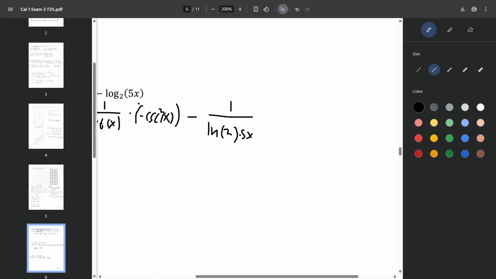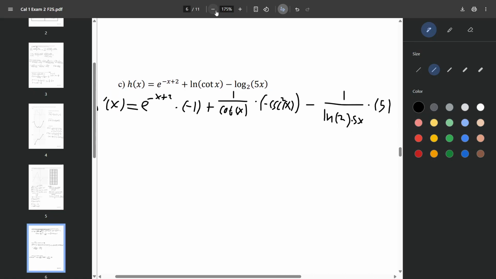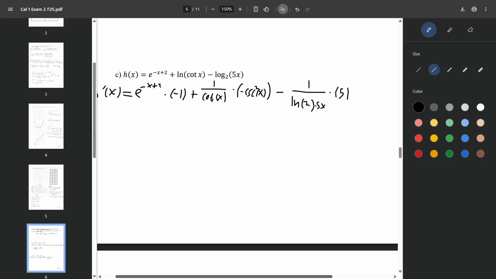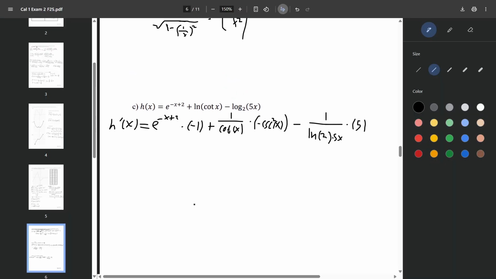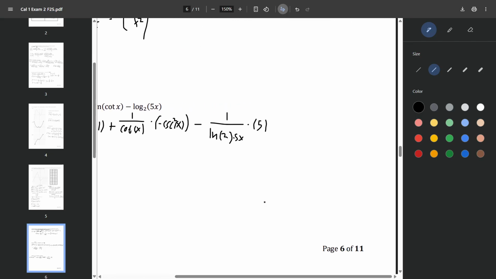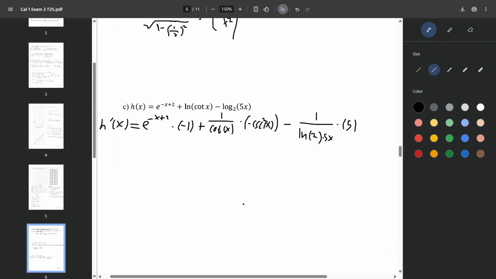And then we're going to do the derivative of the inside because of chain rule. So times the derivative of 5x, which is 5. And that is our answer for C. And that is the last question on page 6 for this video. That'll be it.